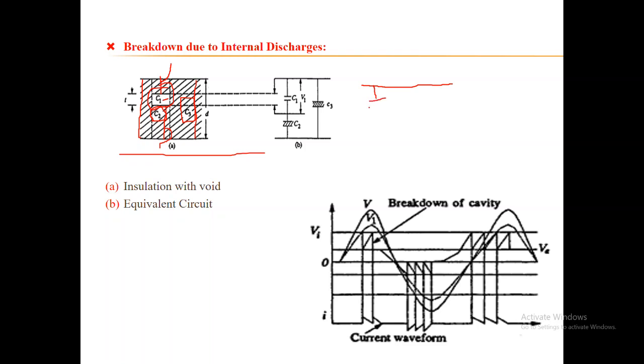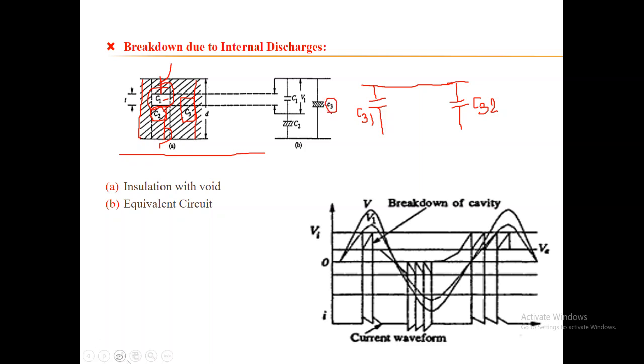Suppose this is C31 and this side is C32. So this parallel combination of C31 and C32 will give this C3.